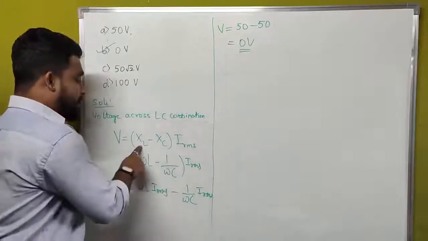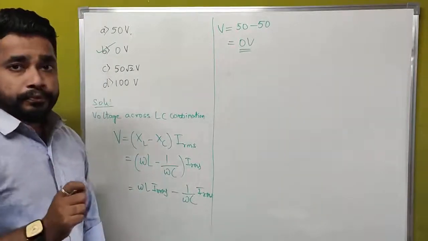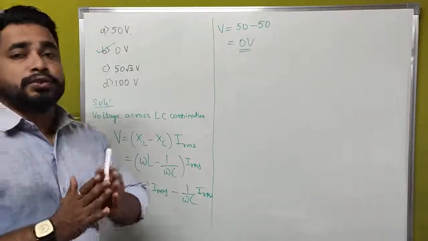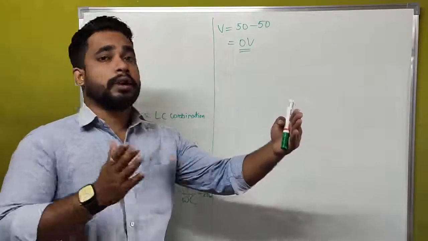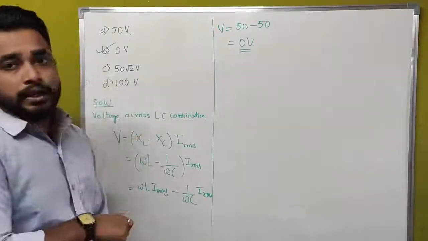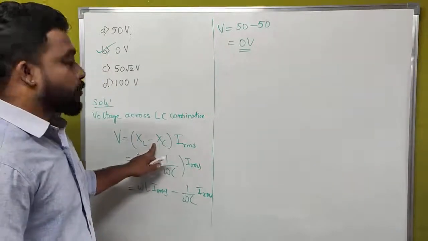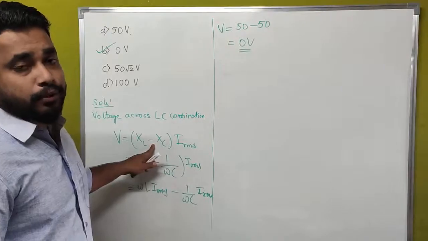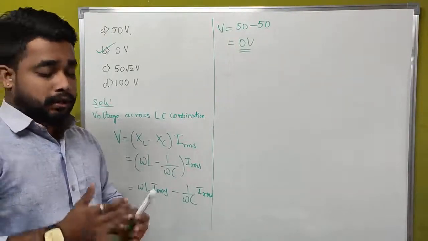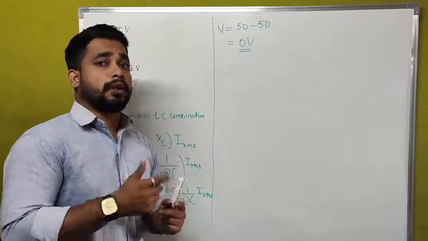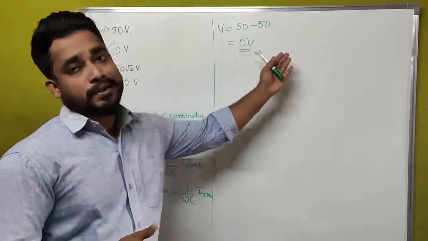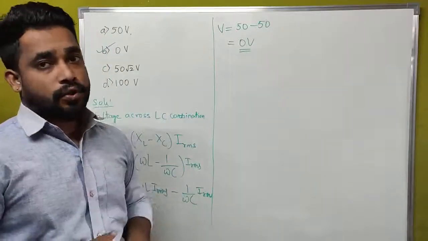If XL is greater than XC, then one should lead and one should lag behind. Therefore, here we have to put a negative sign only. We cannot put a positive sign here, because in the case of inductance and capacitance, one should lead or lag behind the other. That is why we have got this answer as 0 volts.